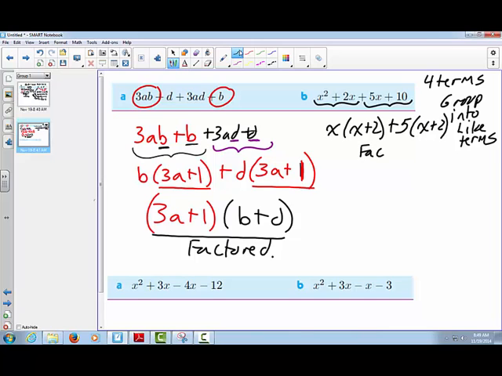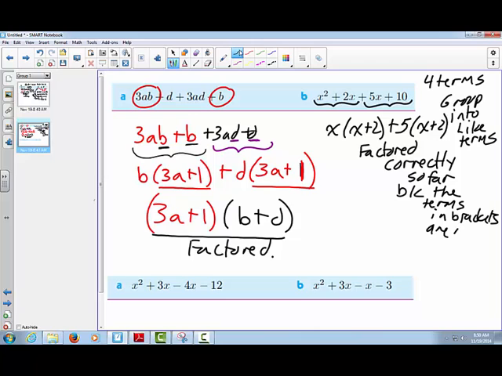Factored correctly so far, because the terms in the brackets are the same.